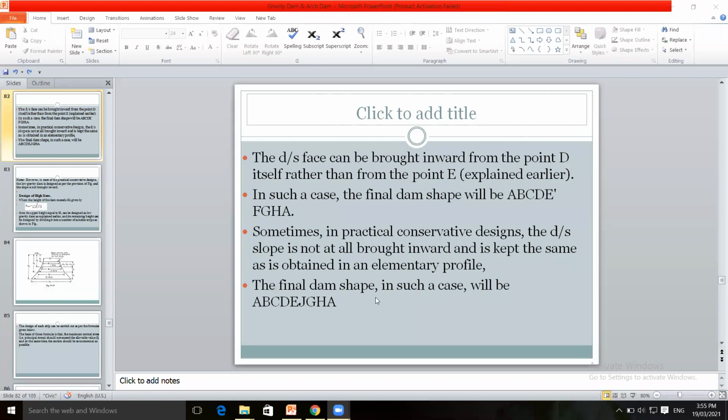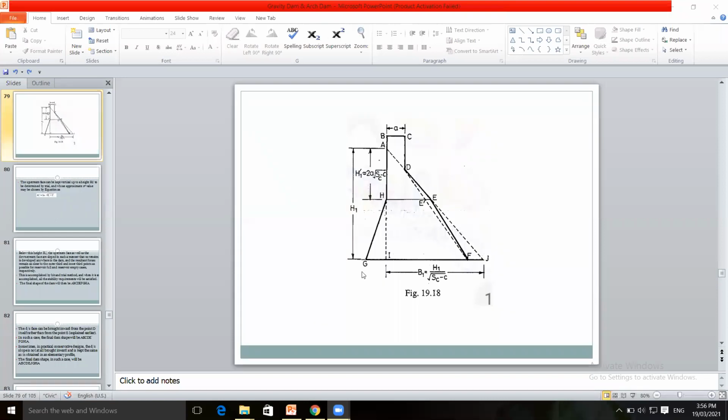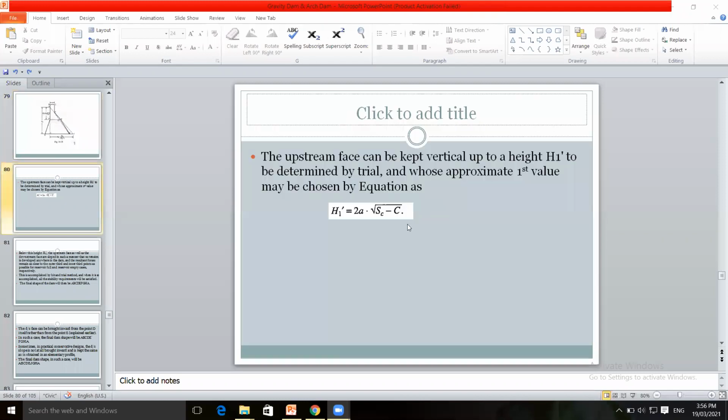The final shape will be A, B, C, D, E, then A, B, C, D, E, F, G, H to A is the final shape as it is. That E hash is not taken, E is considered in the final shape.